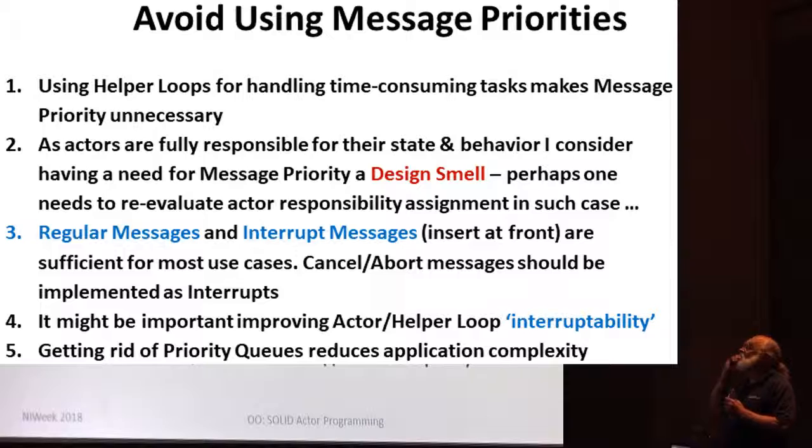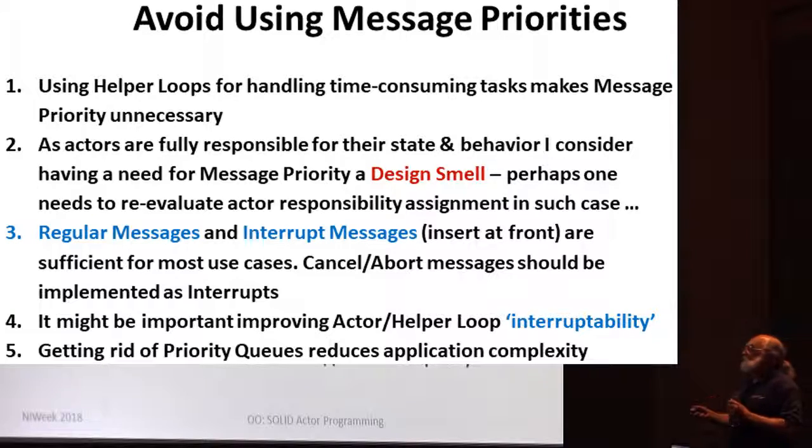Avoid using priority messages. I asked a couple times here if somebody uses priority messages. The answer was yes. But what I think is that if you introduce helper loops, then priorities become unnecessary, because the actor has time to process all the messages as they arrive, so you're okay.